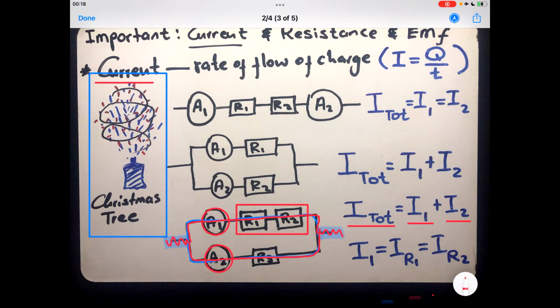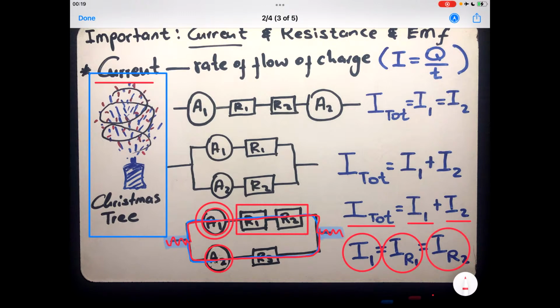Again, honorable members, the current passing through ammeter 1, on that side where we are having a series connection within that parallel connection, the current passing through resistor 1 is the same as the current passing through resistor 2.